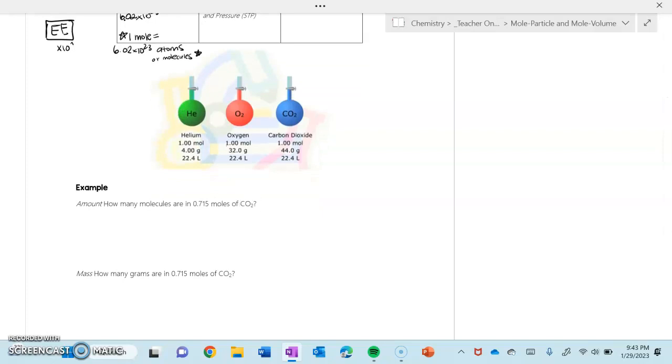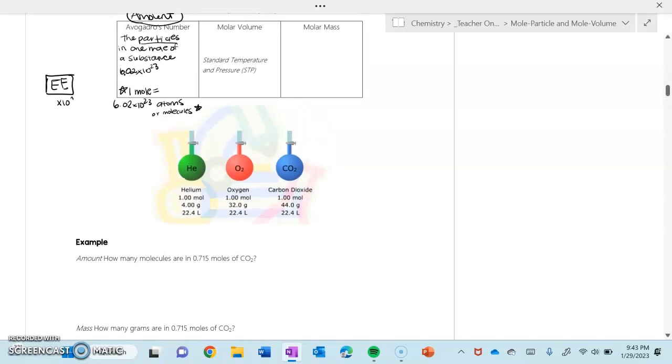It says, how many molecules are in 0.715 moles of carbon dioxide? We know from this conversion factor we just found that 1 mole is 6.02 times 10 to the 23rd power. So if I have 0.715 moles, we're going to have a little less than 3/4 of Avogadro's number.